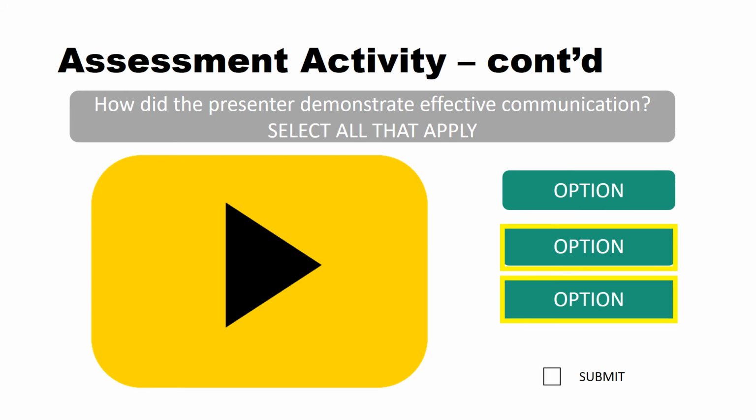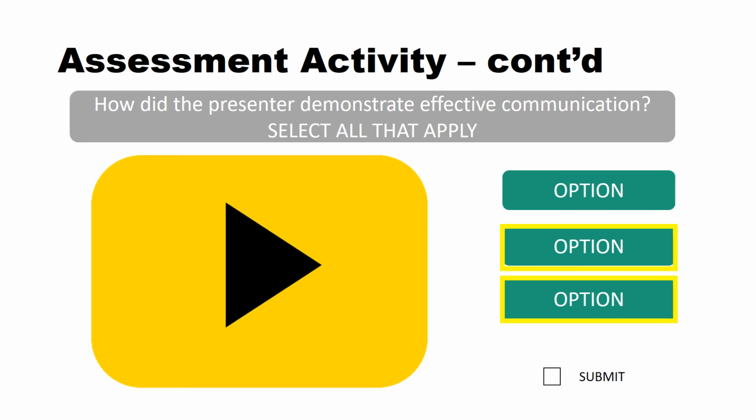What the learner will see here are 3 options, and each option will have qualities that should be present in the presentation. Some of them are going to reflect what we've talked about and what they've learned, like pace and using appropriate words.